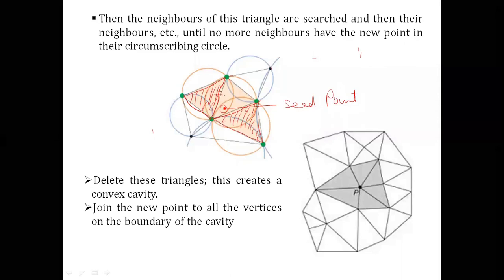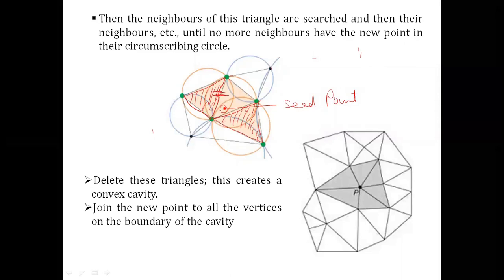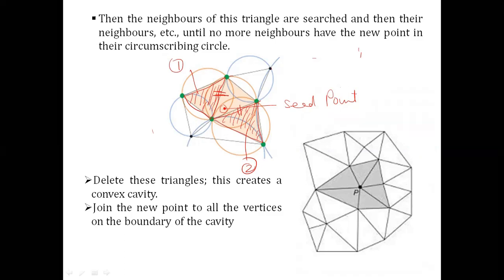So this is the nearest edge to the seed point of this triangle, and this is the nearest edge to the seed point of triangle 2. So this is triangle 1 and triangle 2. So we have taken the 2 nearest edges to the seed point of those triangles which are getting affected.